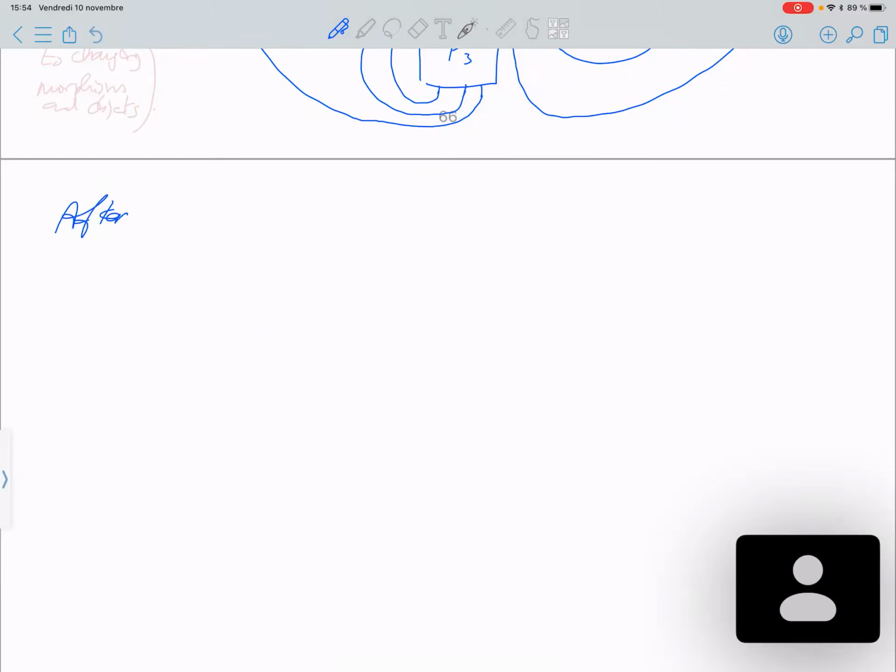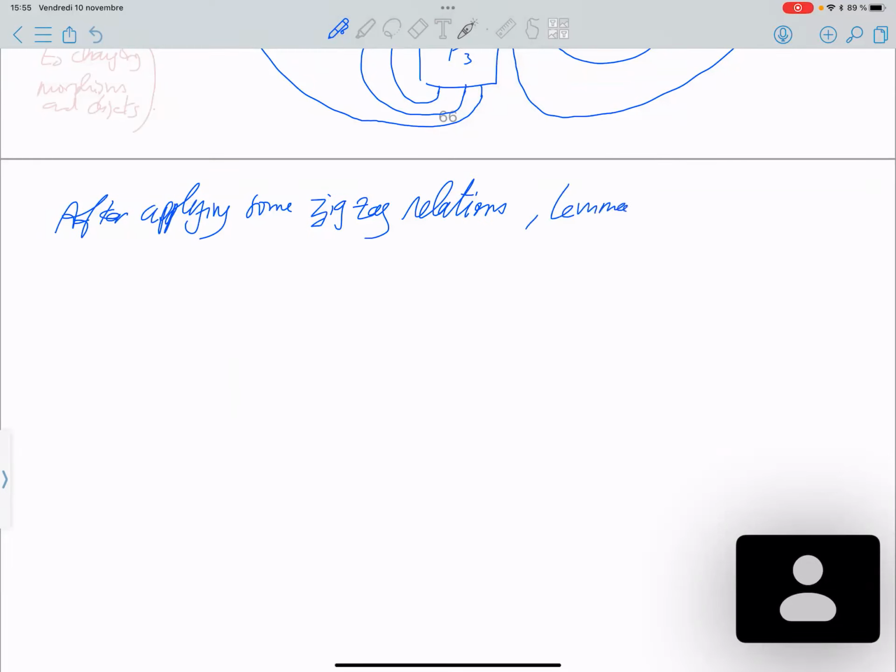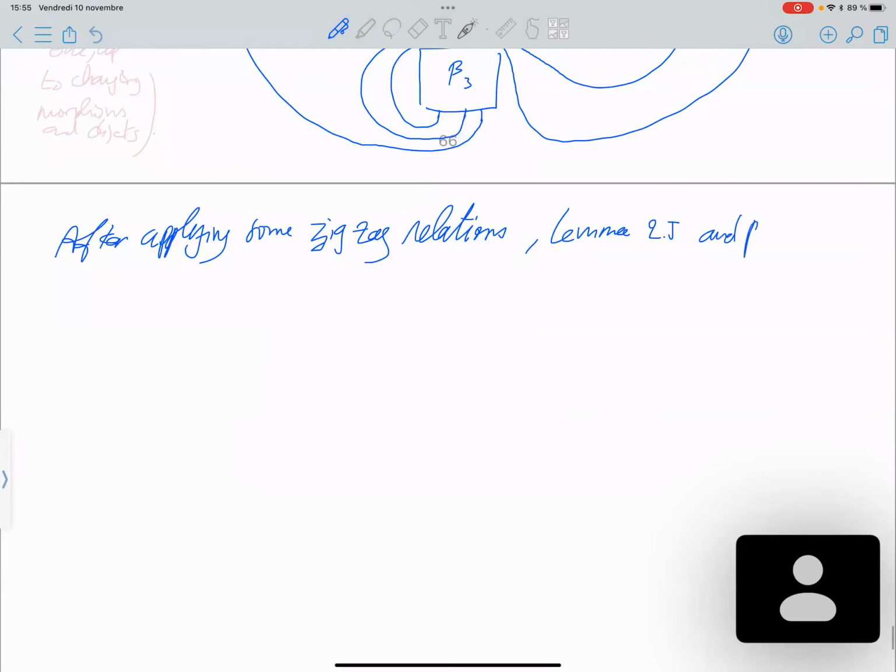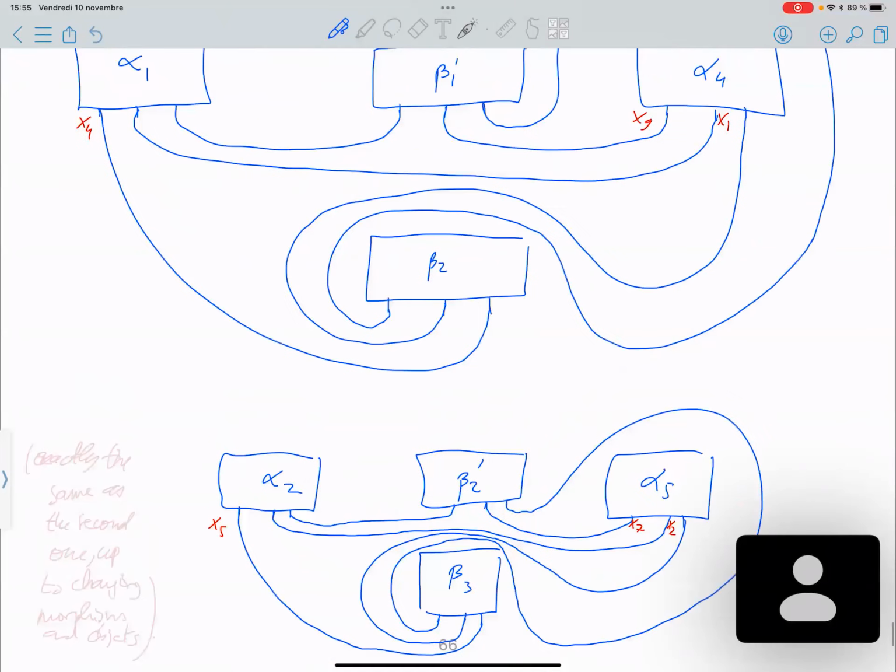So after applying some zigzag relation, lemma 2.5 to move the pivotal structure, as I said, and pivotality. Pivotality is for what?